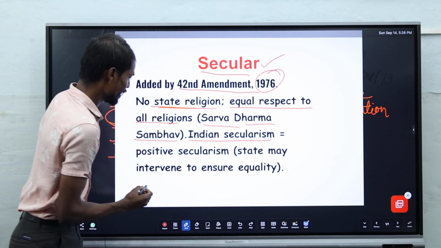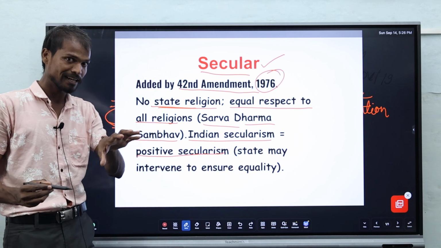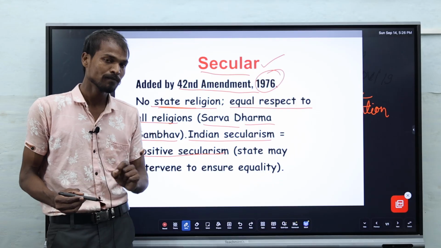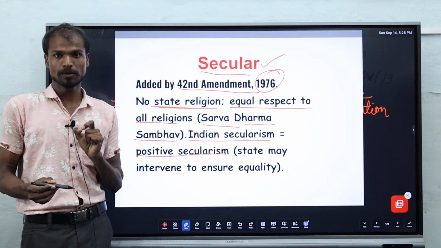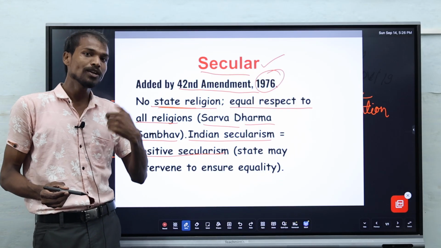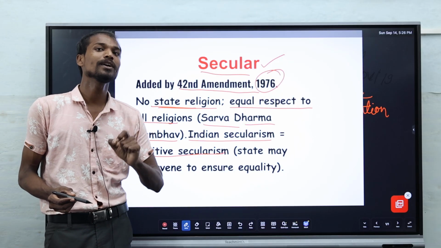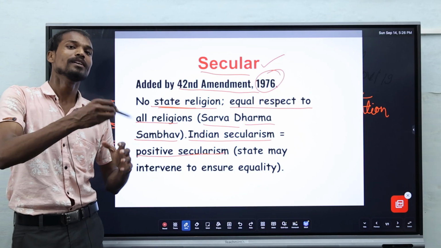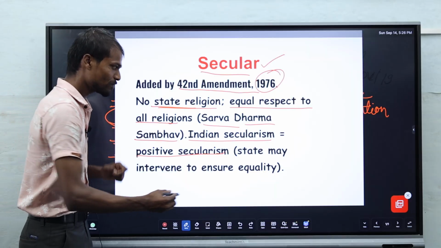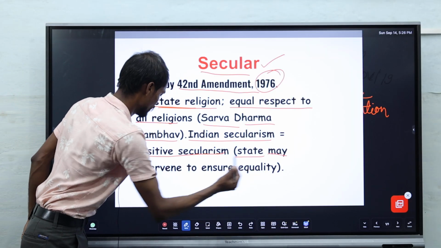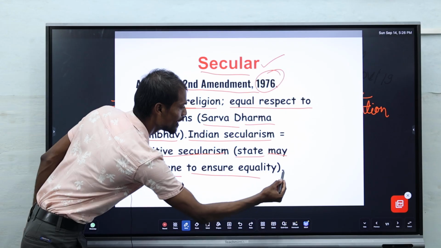Indian secularism is positive secularism. In the American Constitution we have negative secularism, meaning the state cannot intervene or interfere in religion. But in India, the state may intervene to ensure equality.